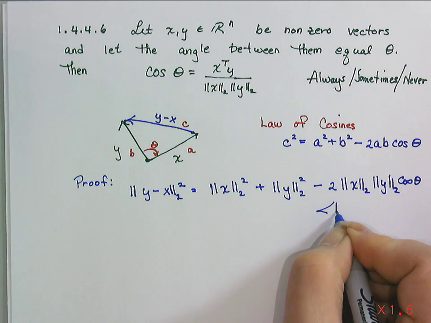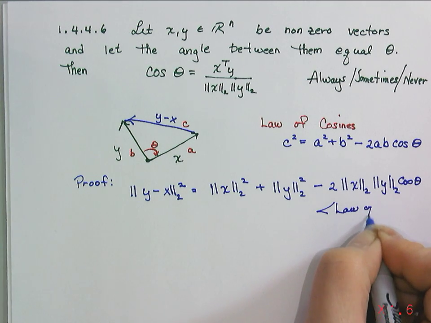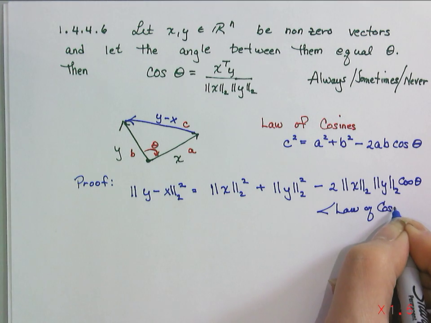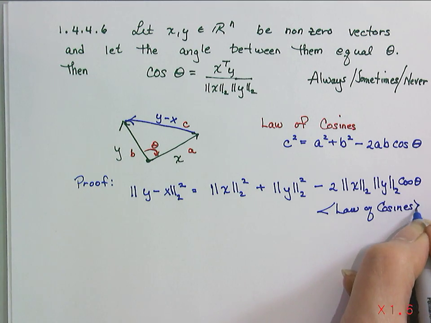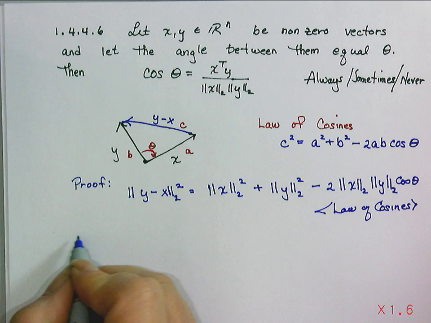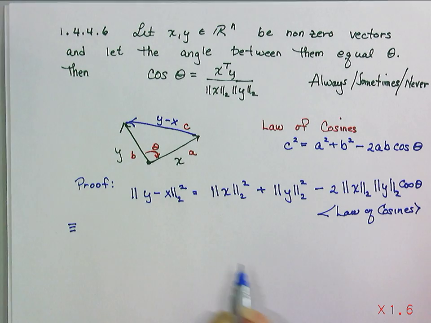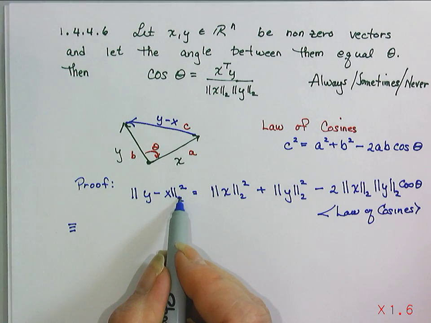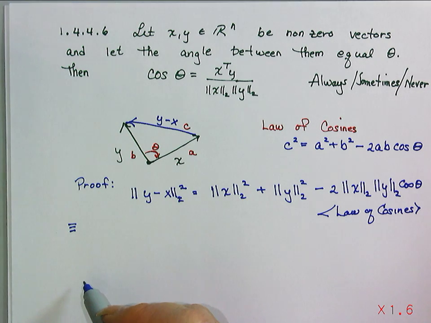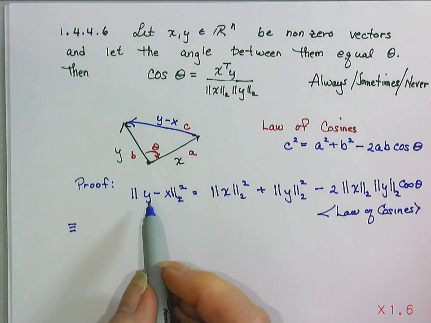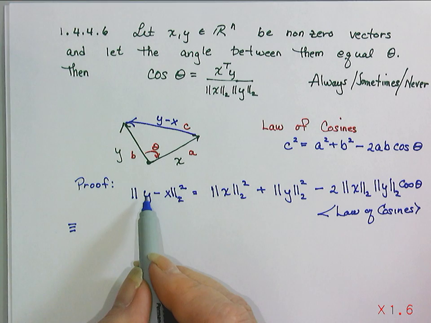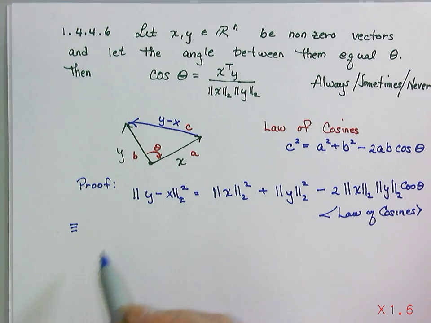And that is just the law of cosines. Now, this is equivalent to, well, the length of x minus y squared, you might recall, is just the inner product of y minus x with itself.